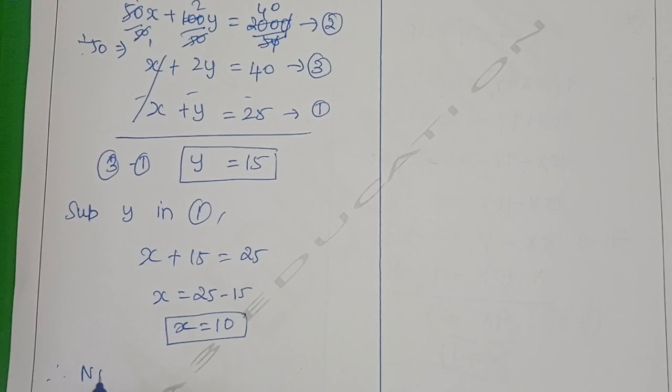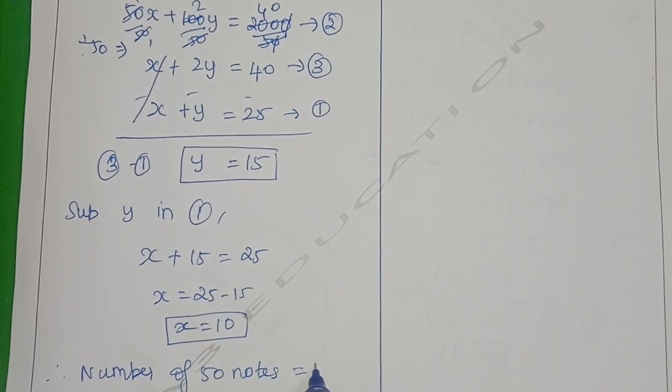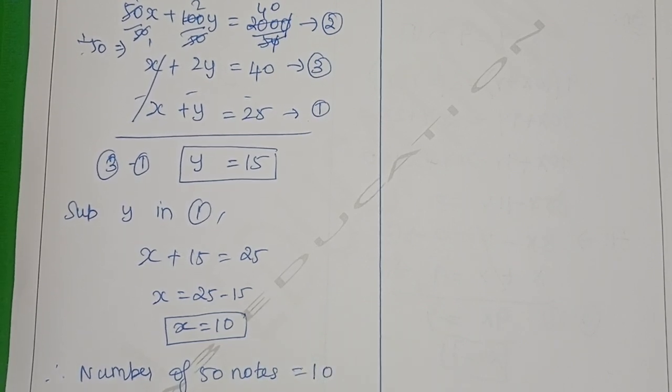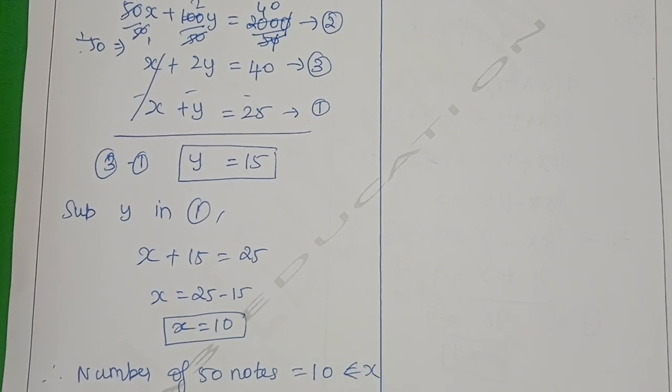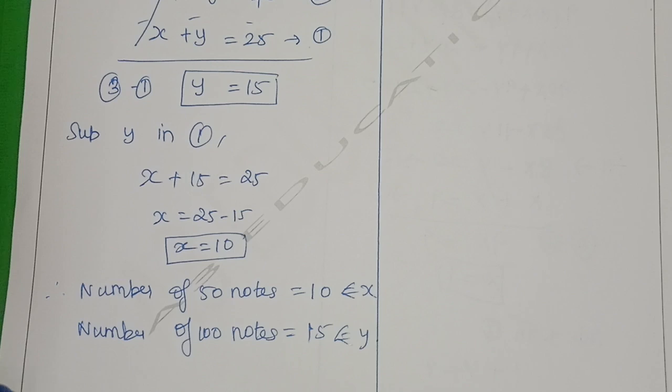The number of 50 notes is equal to 10, and the number of 100 notes is equal to 15. We found the number of notes of 50s and the number of notes of 100s.